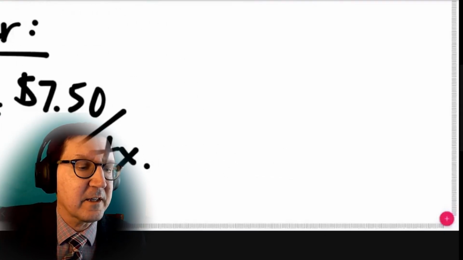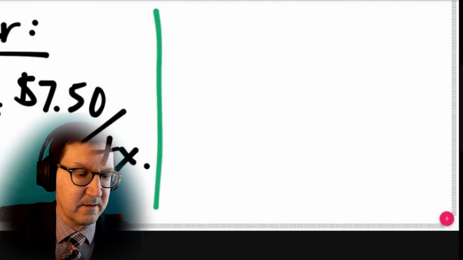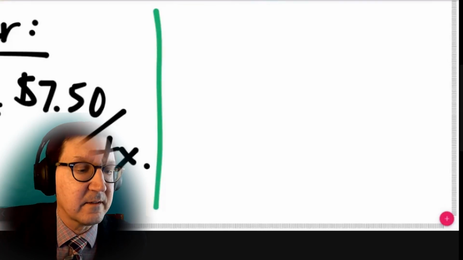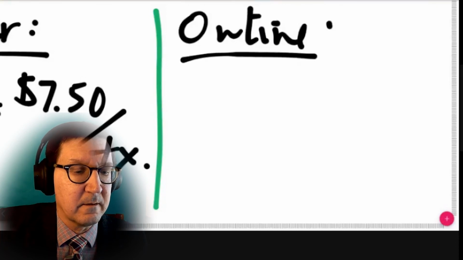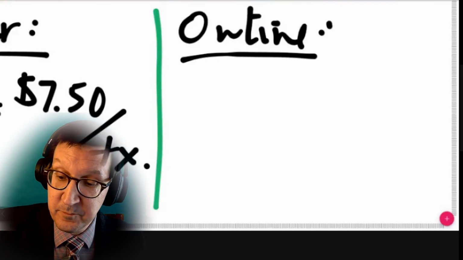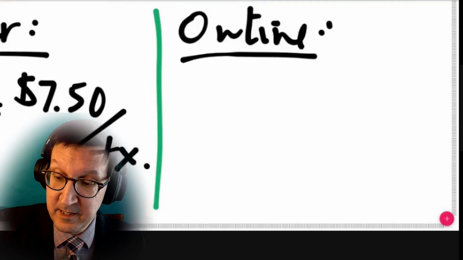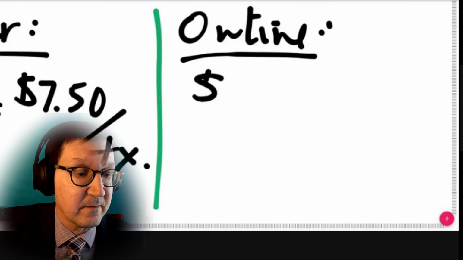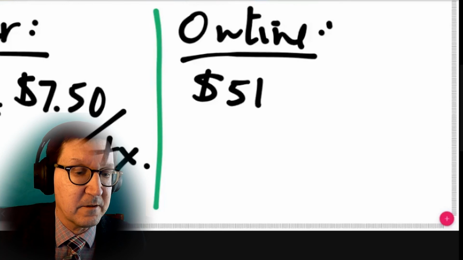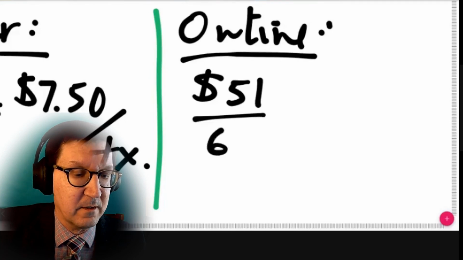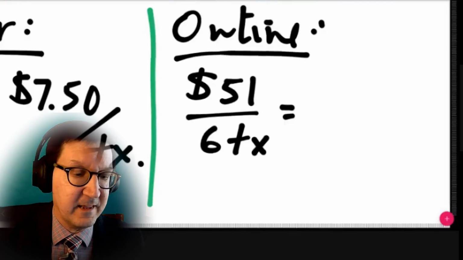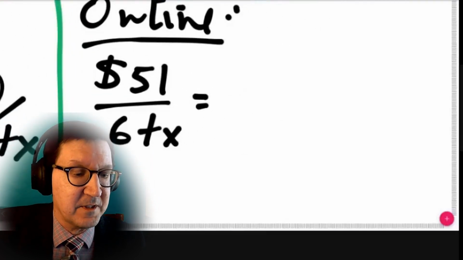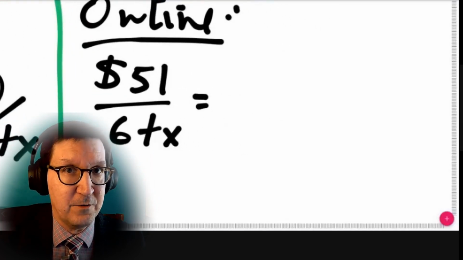Now let's look online. Online, $51 buys you 6 tickets. So 51 per 6 tickets. And if you divide that out, how many times does 6 go into 51? That'll tell you your unit rate per ticket.